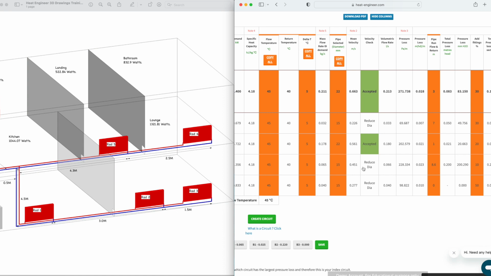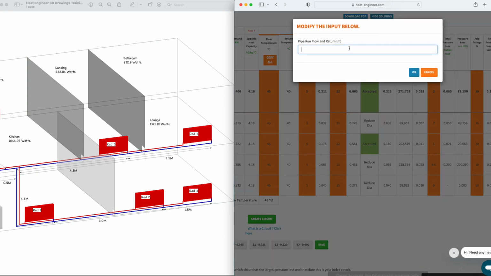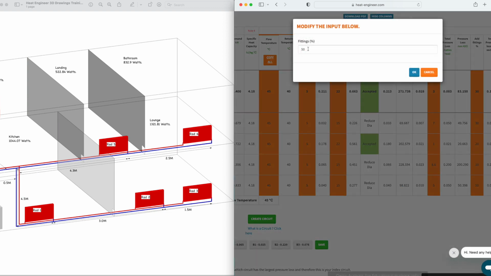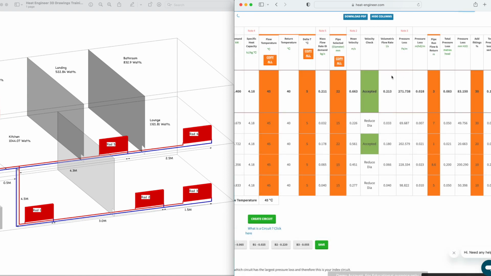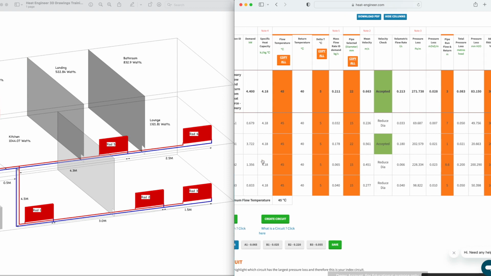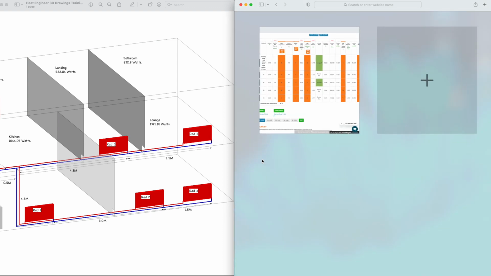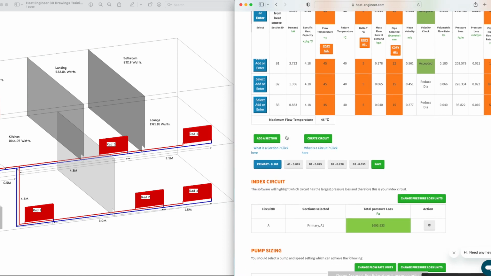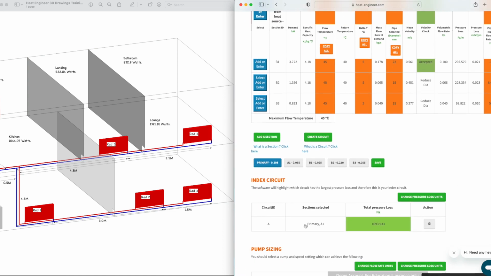We've then got our 5 meters of pipe run in there, and again just one change of direction. So we just change that down to 10%. I'm pretty sure everybody's probably got this now of how easy this system is to use, but circuit B is now completed. So what we've got to do now, if I go across, is create circuit B, because you can see we've created circuit A there.